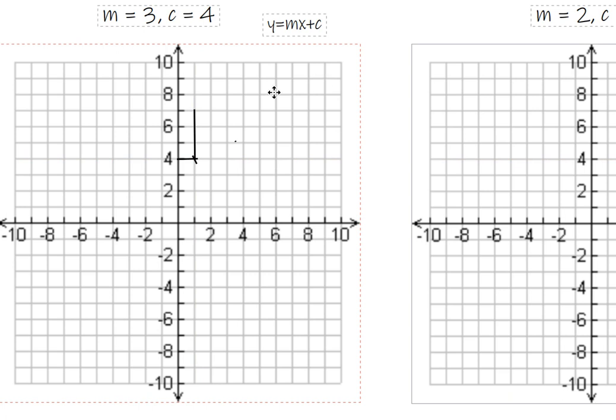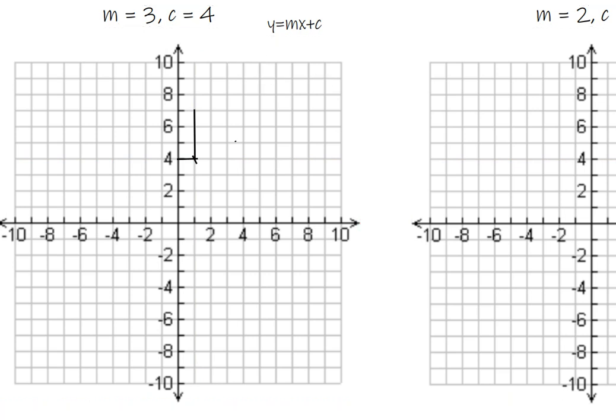So this is the gradient. And then the magic happens when you connect this line like this and make it really long. So this is the line.